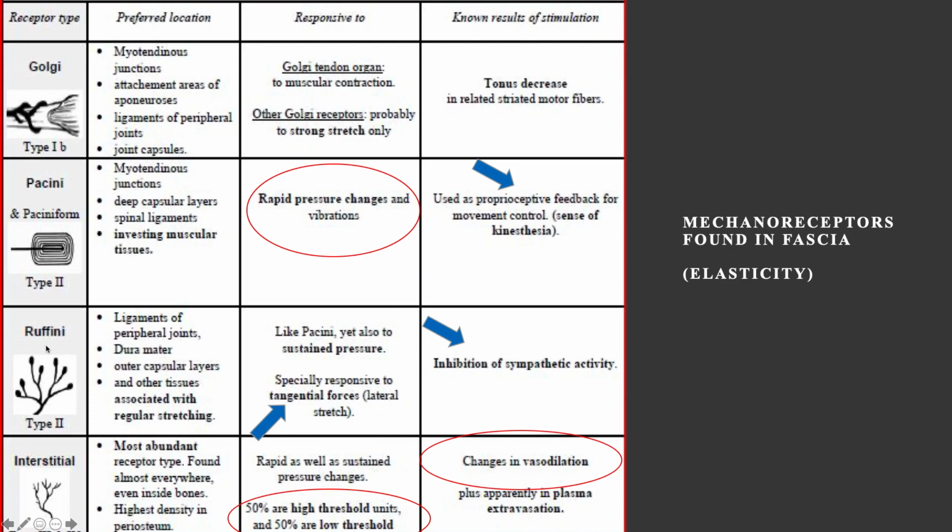Down for the Ruffini fibers, now we're looking at more of the ligaments. And with this, the interesting point that I took away from this is tangential forces or lateral stretching. So, we've already mentioned, multi-directional, multi-planar. We're looking at the Ruffini fibers, which are type 2 fibers, when we're thinking about these tangential forces.